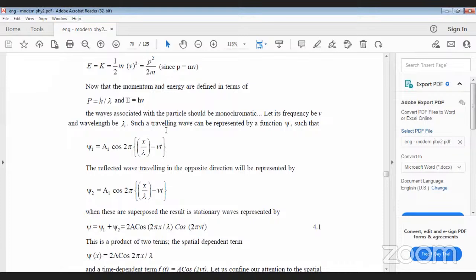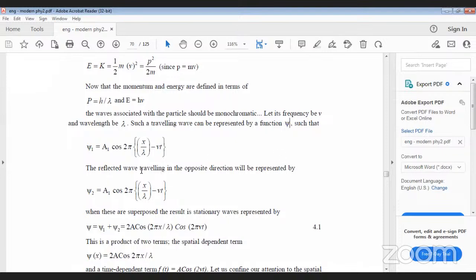Where there is a wave, there must be a particle. Let its frequency be nu and the wavelength lambda, traveling, so that we can represent the wave function as psi. Such that psi1 = a1 cos 2 pi (x/λ minus vt).